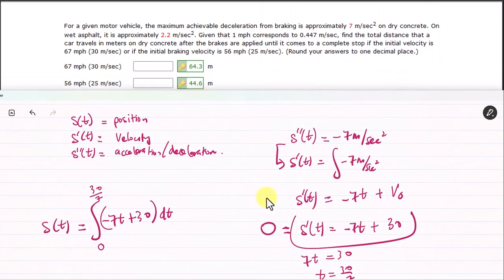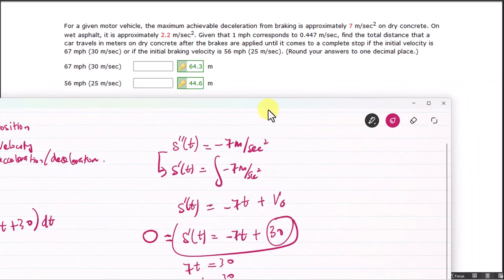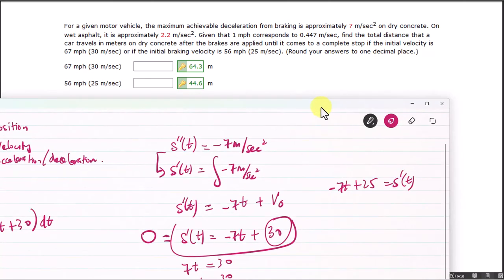Now if I change my initial braking velocity to 25, all I do is replace the 30 by 25. Minus 7t plus 25 is my velocity. I can solve for the time to make it 0: minus 7t plus 25 equals 0, or 25 equals 7t, or t equals 25 over 7.